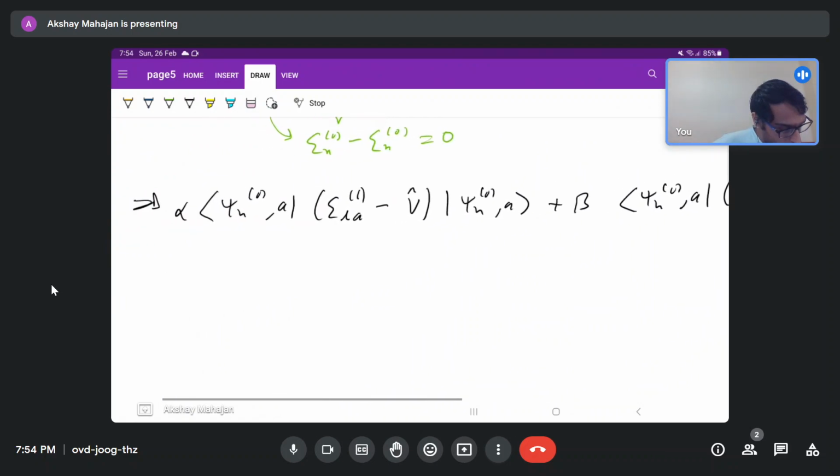Now from here, E L of a of 1 could be taken common, and psi n of 0 of a with itself gives you 1.